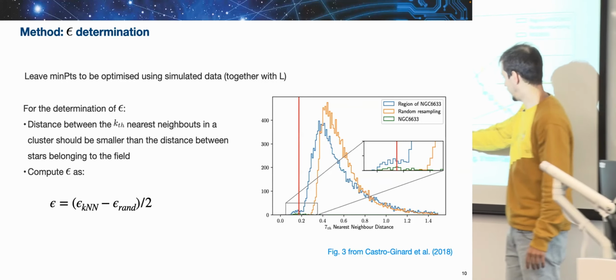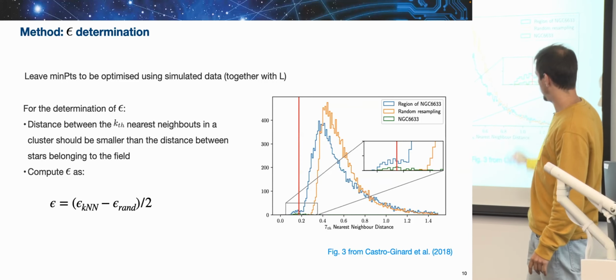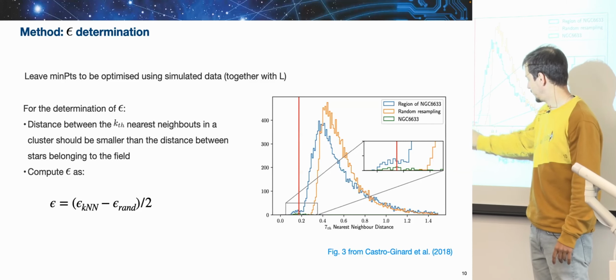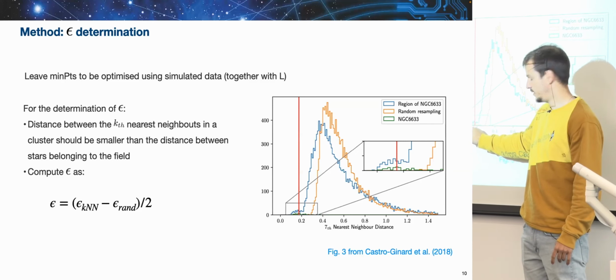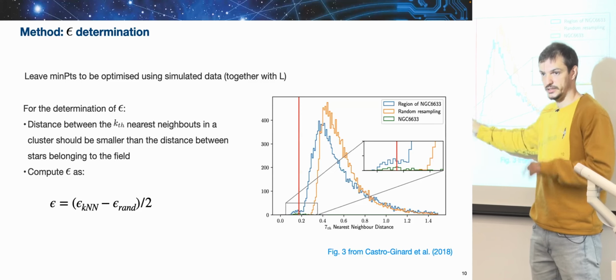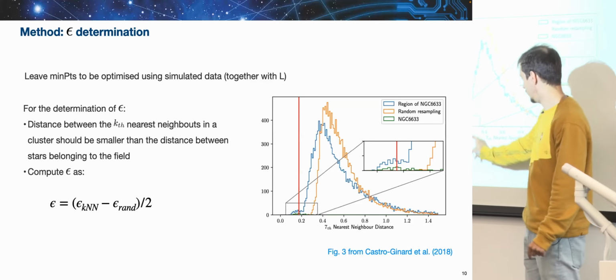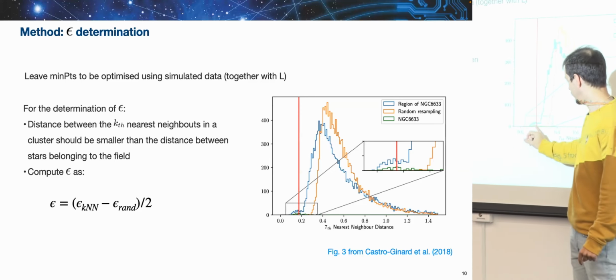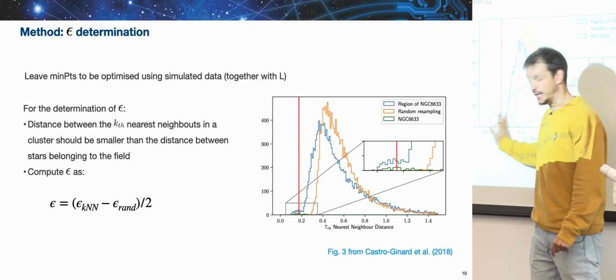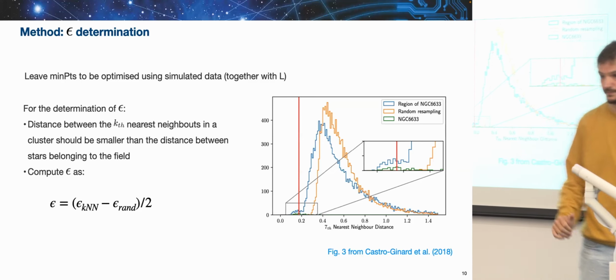And you can see that the stars belonging to this cluster are concentrated here in these small distances between the stars, which makes sense. So actually, we want to compute the epsilon as the value that isolates this blob here from the field.